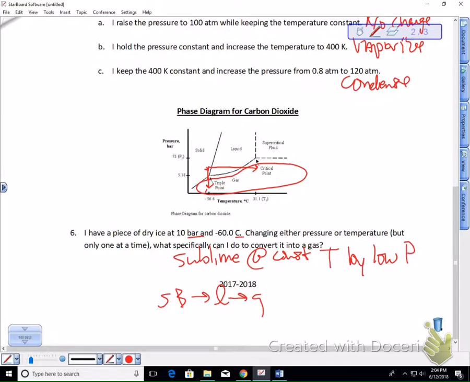So that's going to be melting and vaporizing by increasing T at constant P.